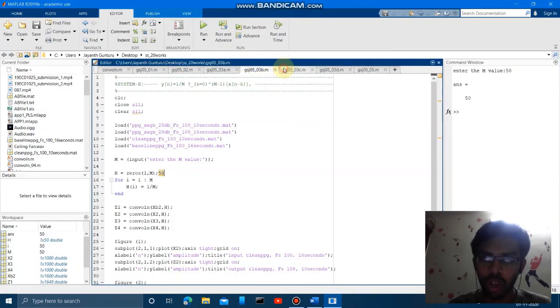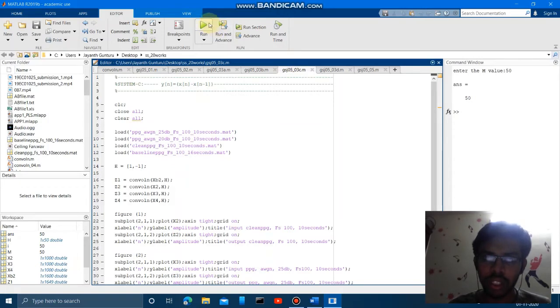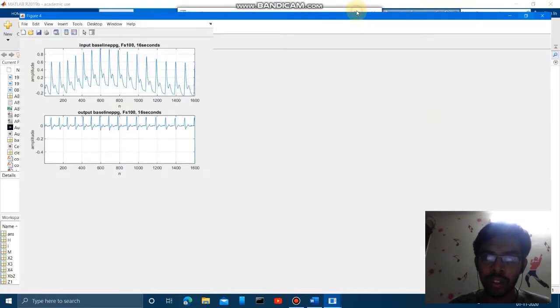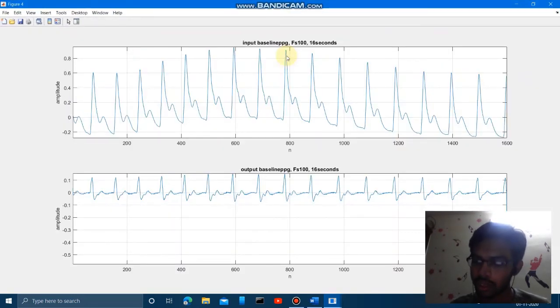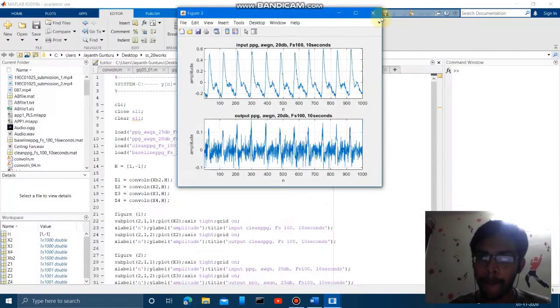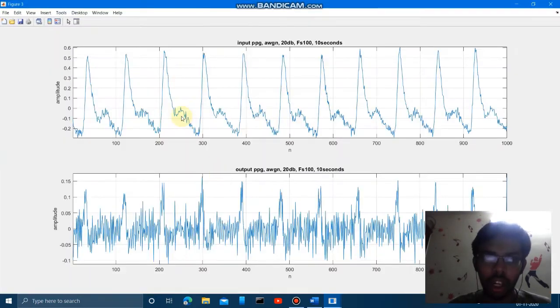So if we move on to system C and run this program, we can clearly observe that higher frequency components are obtained as output. Here we can see clearly, and a lot of fluctuations are obtained at the higher frequencies.